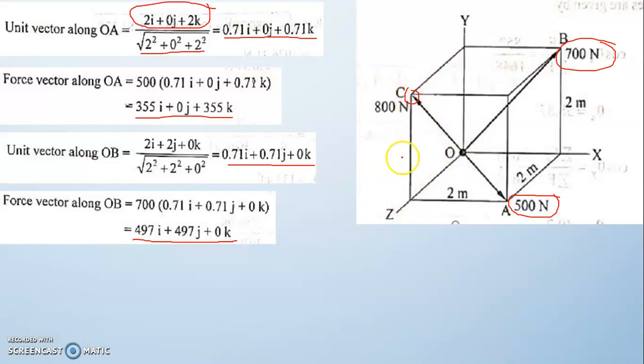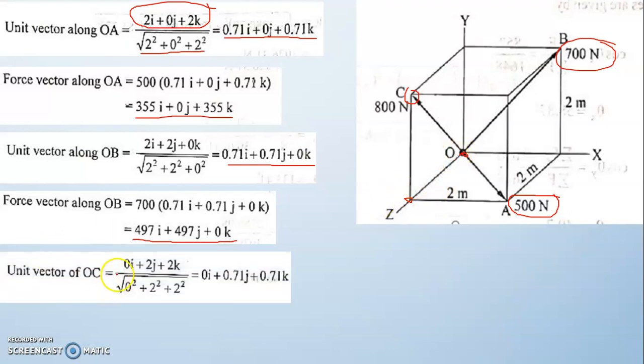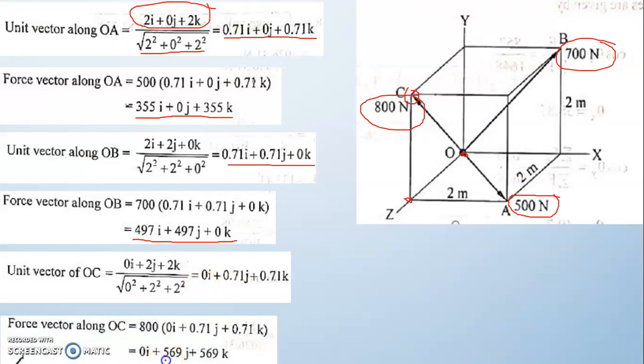With respect to the z-axis, the final position is at distance 2 and the initial position is 0, so 2k. The equation becomes 0i plus 2j plus 2k. Dividing by the magnitude, we get 0i, 0.71j, 0.71k. Converting it into a force vector by multiplying with 800 Newton, we get 569j and 569k.